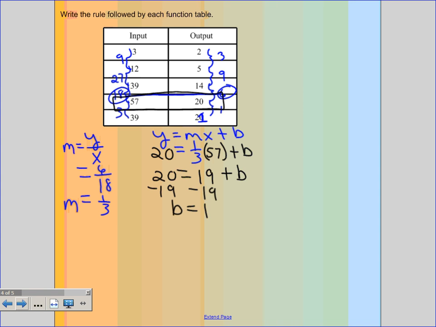Once I know my m and I know my b, then I can go back and put it into the equation, y is equal to mx plus b. So y is equal to 1/3 x plus 1.